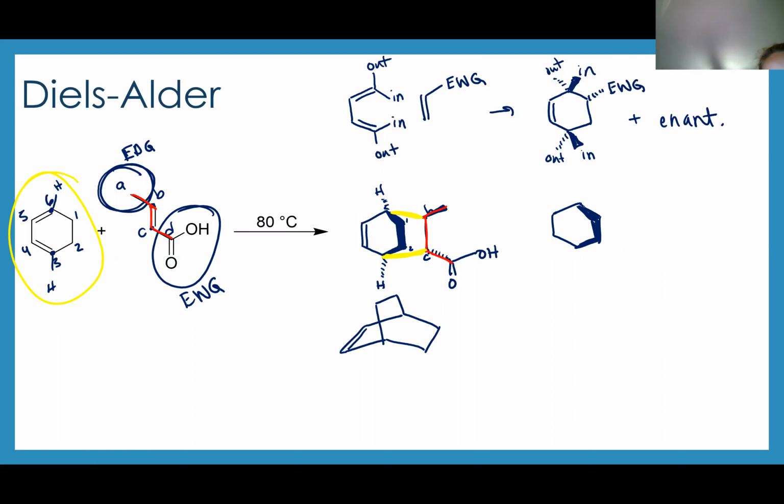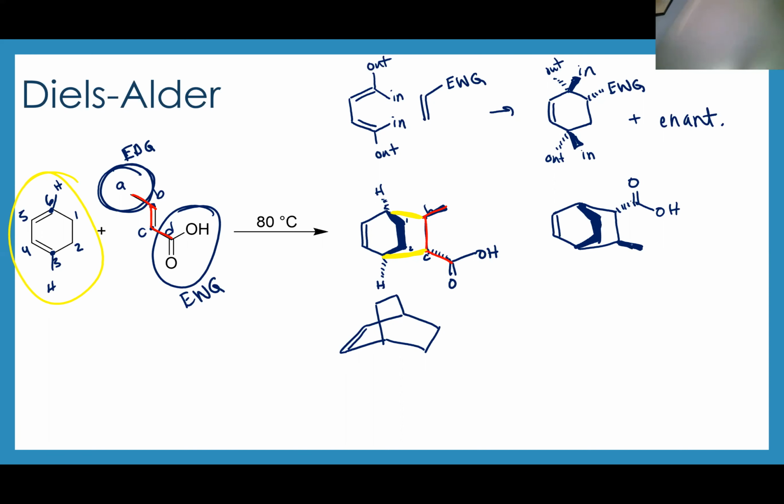So this is a thick bond showing you that it's coming out of the page towards you. So we can show the carboxylic acid on the top carbon going down and the methyl group coming up on the bottom carbon. So these two are enantiomers.